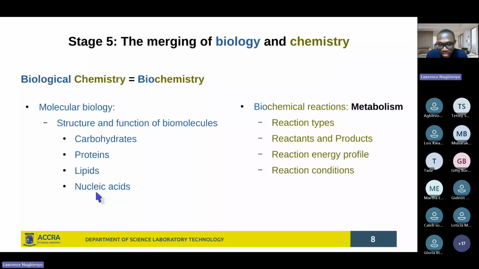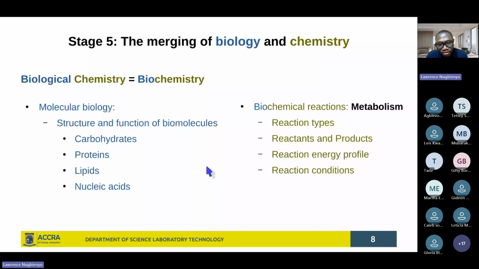And so there's that kind of bias towards studies of nucleic acids, DNA studies, manipulations, to be referred to as molecular biology. But actually, molecular biology is about these biomolecules. So it's not only about the nucleic acids, but it's about all these biomolecules.